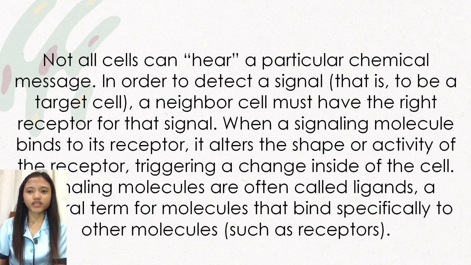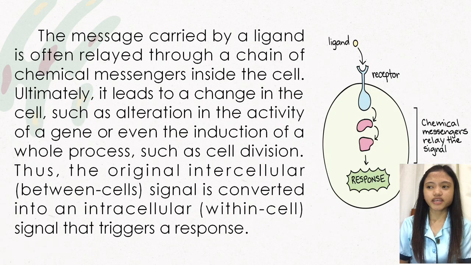When a signaling molecule binds to its receptor, it alters the shape or activity of the receptor, triggering a change inside of the cell. Signaling molecules are often called ligands, a general term for molecules that bind specifically to other molecules such as receptors. So here in the illustration, it implies that the chemical messengers relay the signal.